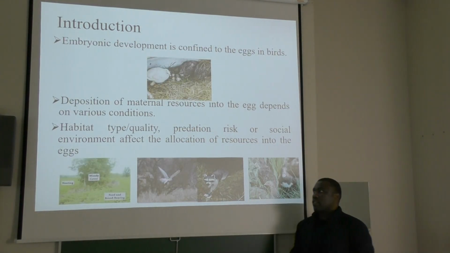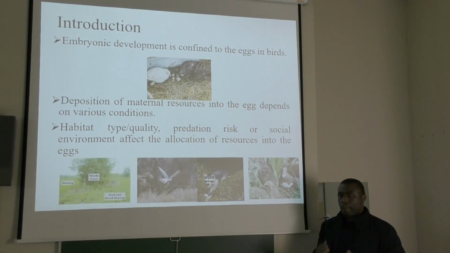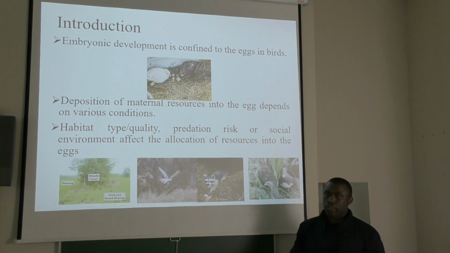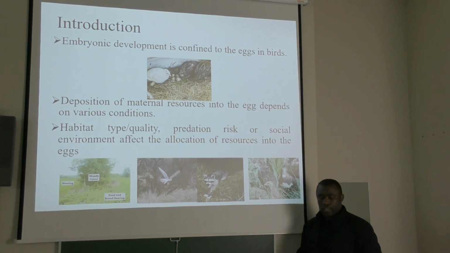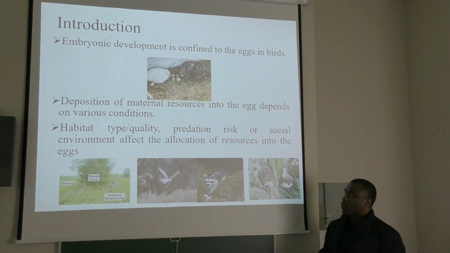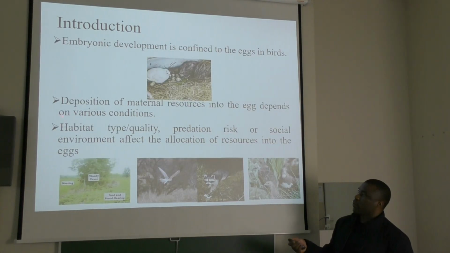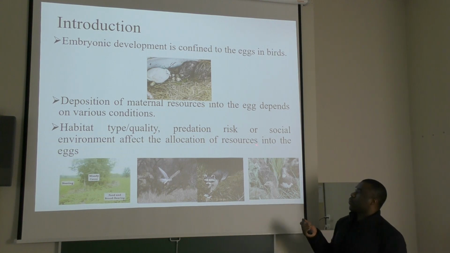So the allocation of the materials from the mother to the developing embryo depends on several factors. One is the type and the quality of diet, or the predation risk or social environments.